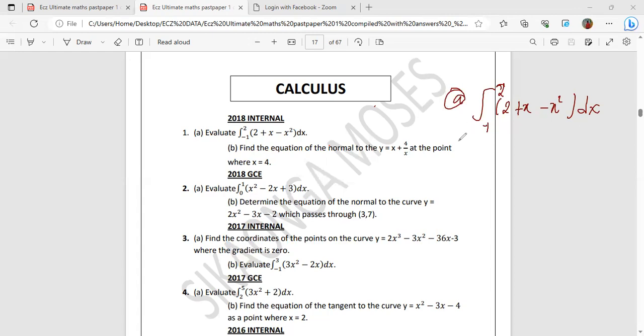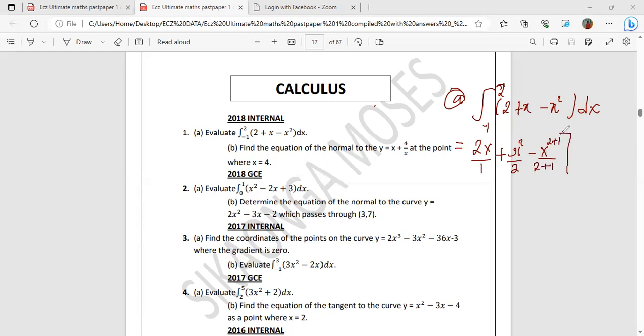So here we're just going to say, okay, this is equal to, so remember, the integral of this coefficient. So this is just going to be 2x over 1 plus x squared over 2 minus x to the power 2 plus 1 over 2 plus 1.